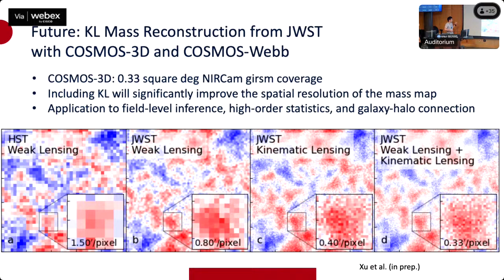The pixel size is chosen such that each pixel has a fixed SNR across different panels. For the HST era, we typically see a resolution of 1.5 arc-minute per pixel. But going to JWST, because we go much deeper, it is 0.8 arc-minute. And with JWST kinematic lensing, we might go to 0.4, and combining weak lensing and kinematic lensing together, we might get to about 1/3 arc-minute per pixel.